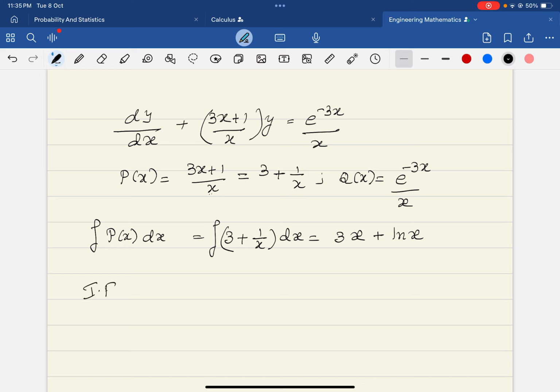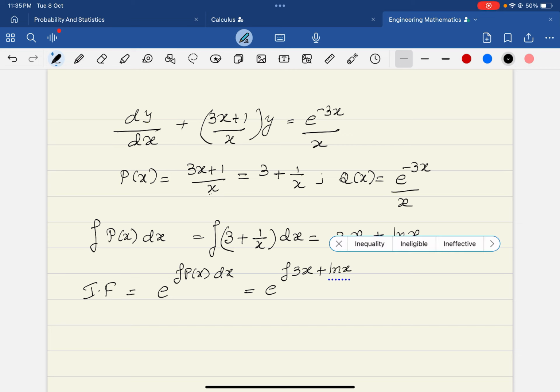Now what is the integrating factor? It is e raised to integral of p of x dx, and that gives you e raised to 3x plus ln x. Integral of p of x is 3x plus ln x, right? So we write this as e power 3x plus ln of x.